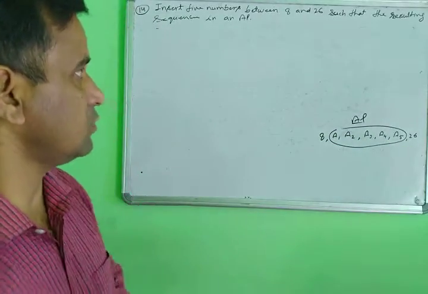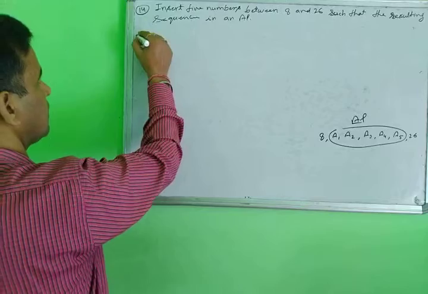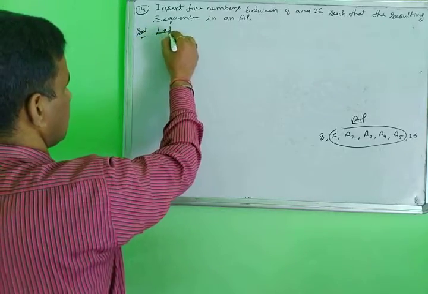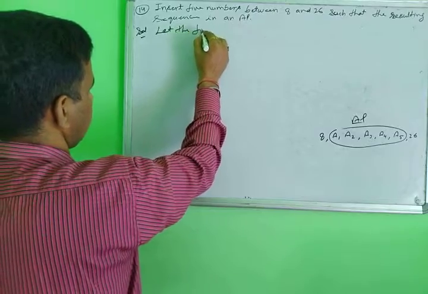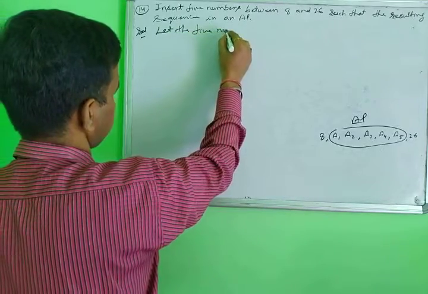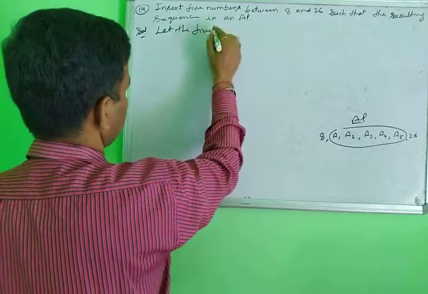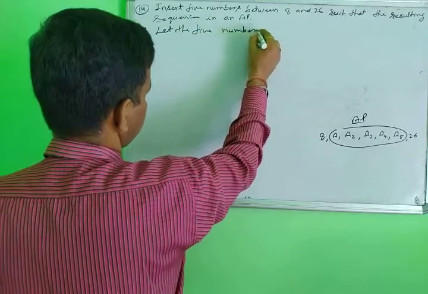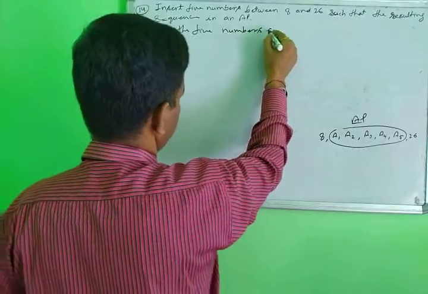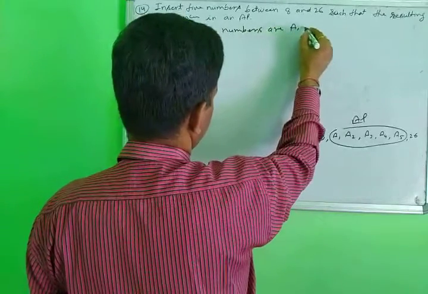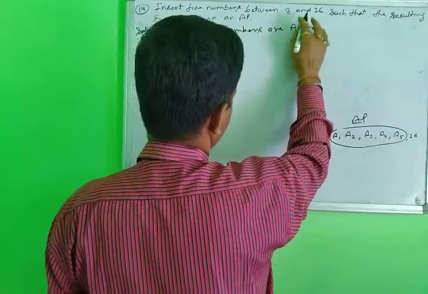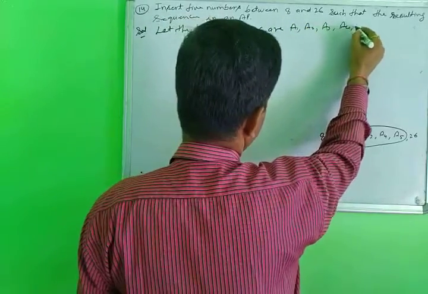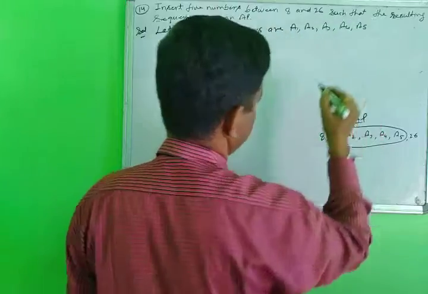Now start the solution here. Let the 5 numbers be A1, A2, A3, A4, A5.